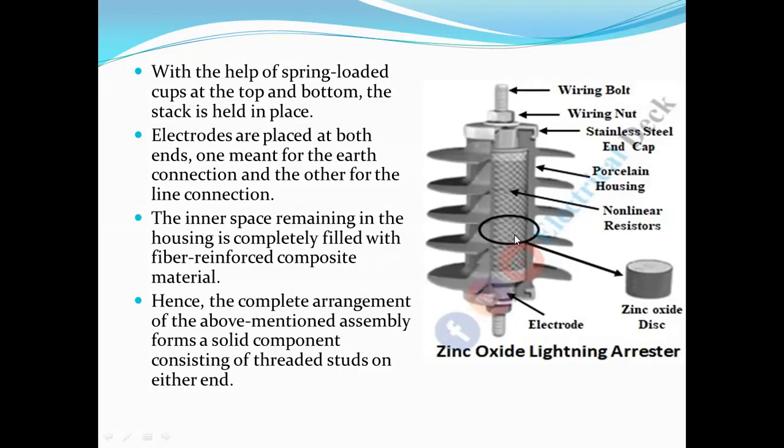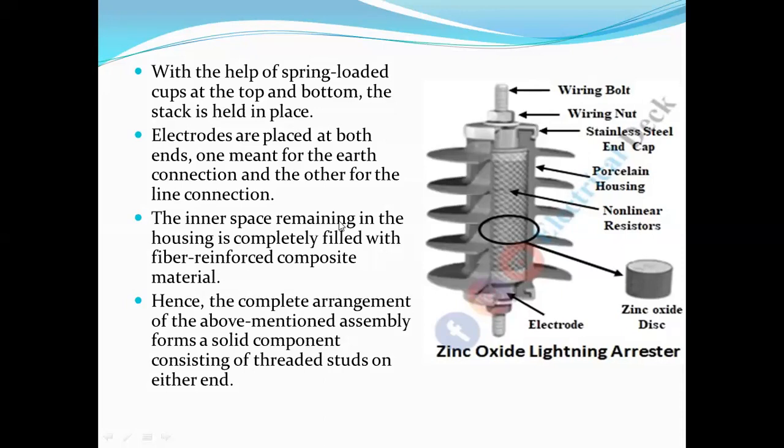Some arresters have a gap, meaning there are only two electrodes and in between them there is a gap. Here, instead of that gap, we are using the disc, that is, zinc oxide discs.